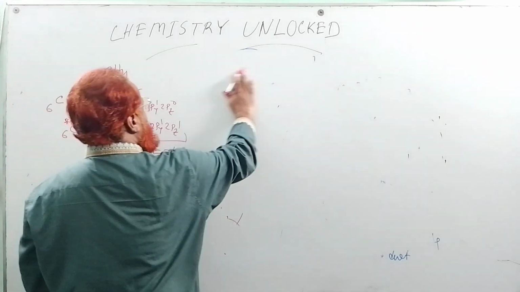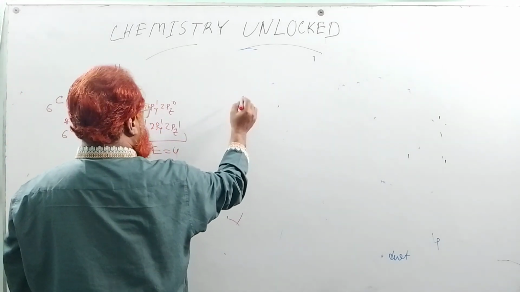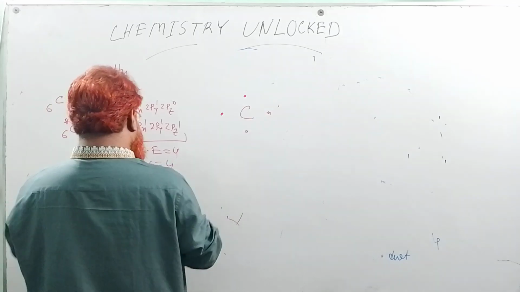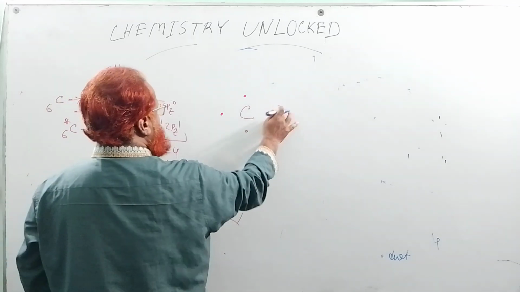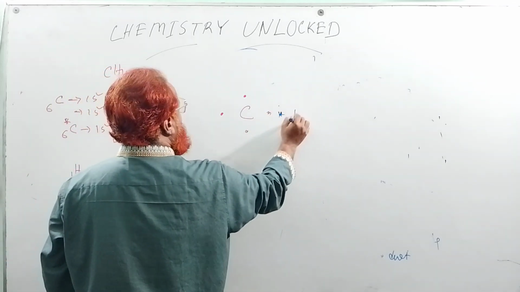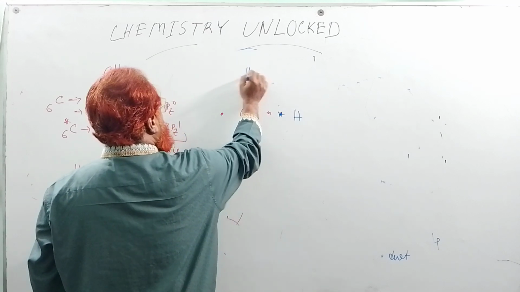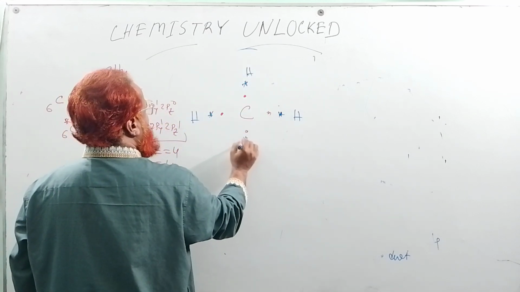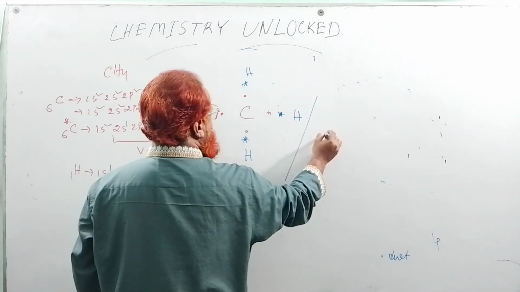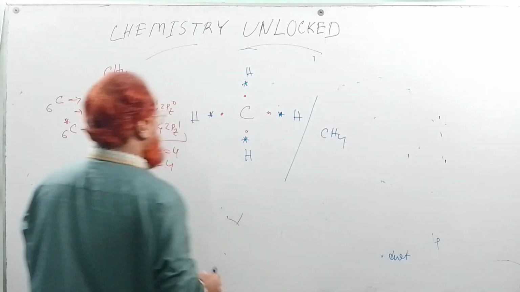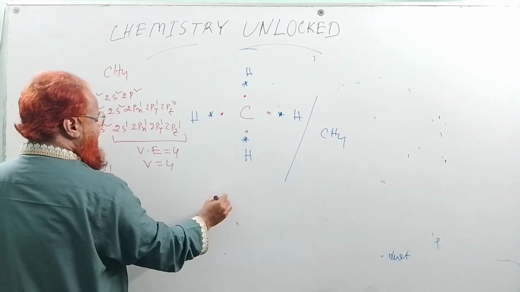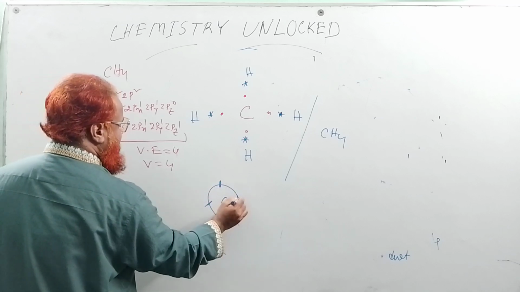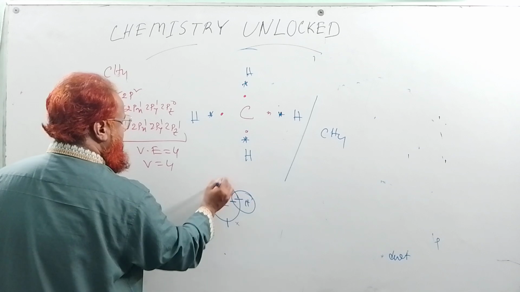So if we draw the dot diagram, then carbon has 1, 2, 3 and 4, and 4 hydrogen atoms with their unpaired electrons will come here like this, and they will make 4 what? Covalent bonds, and we will get CH4. This is the dot diagram, and finally the orbit diagram will be like this: 1, 2, 3 and 4, like this.